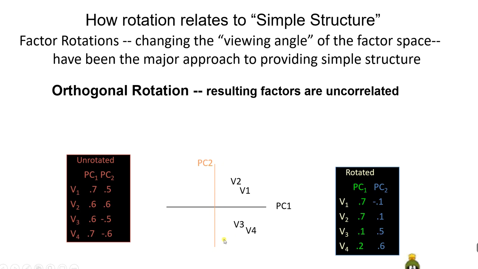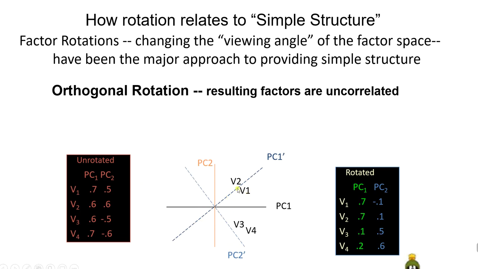And why are we going to rotate this? In order to get a simple structure. I have just animated this rotation. Now this is the rotated component. You see this dotted line is the rotated axis. You can see the 90-degree relationship is there. The axes are at 90 degrees.